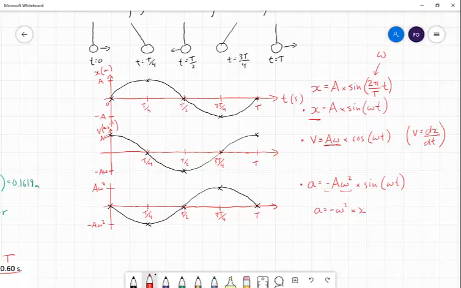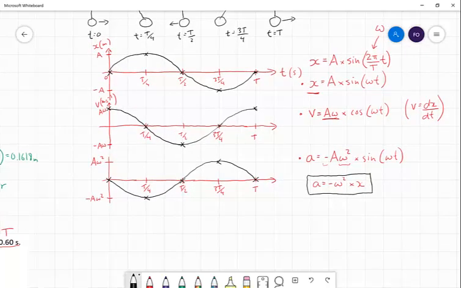So we can see that this equation for the acceleration is consistent with our definition of simple harmonic motion as well. Okay, so these are the equations. If you don't understand where the equations come from, it is calculus. If you're not studying calculus, then that's tricky. So a is just dv over dt.